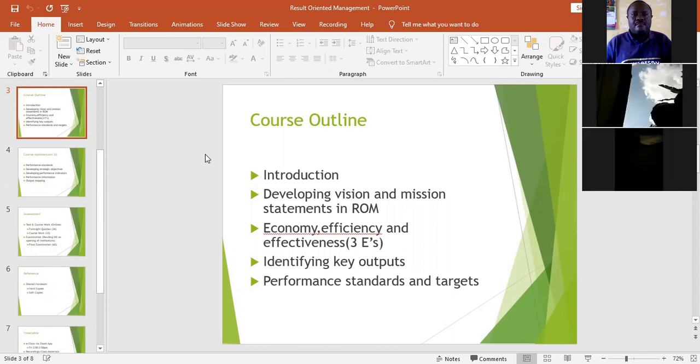Another benefit of ROM, and it is this benefit that has actually motivated the government to embrace it. Another benefit is about performance culture.